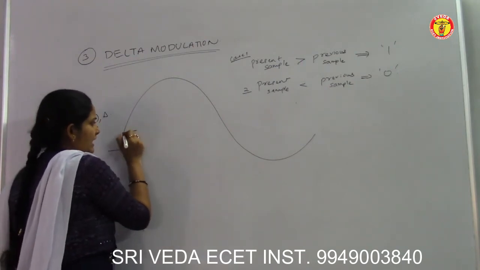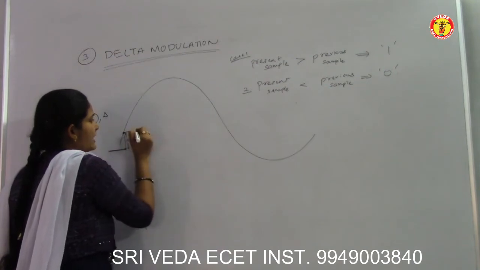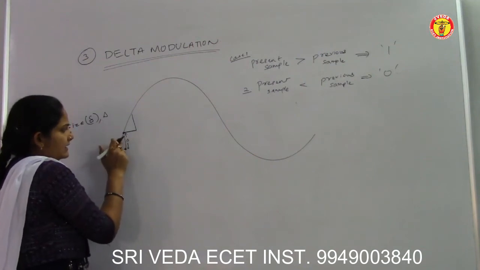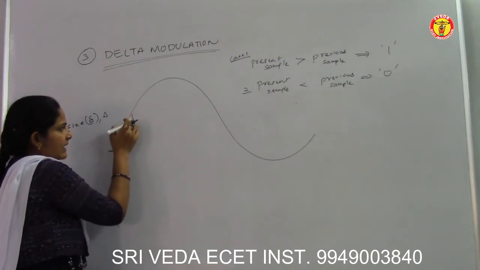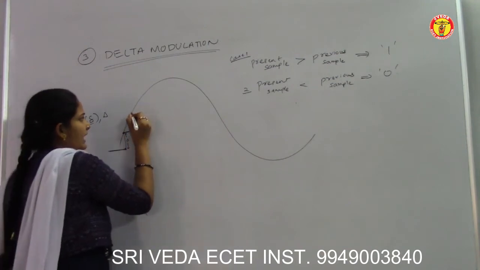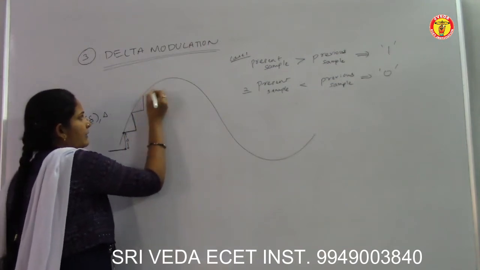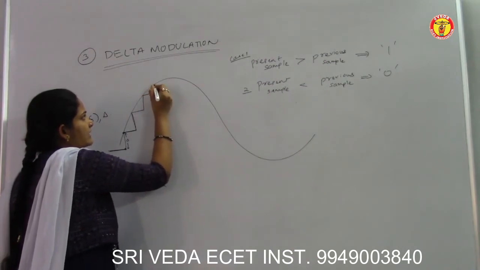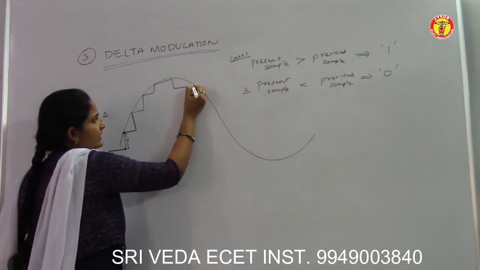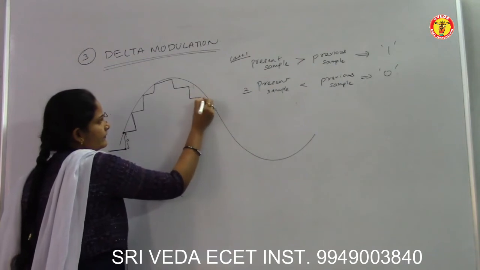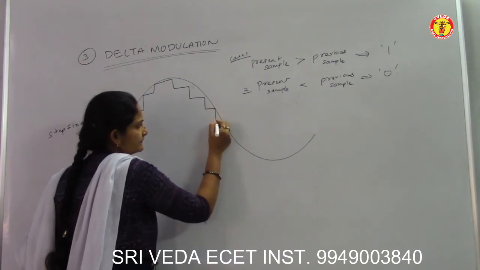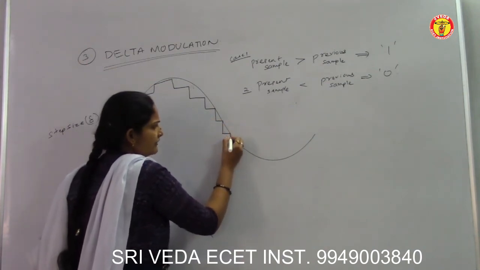Next, levels: this is one level and this is two levels, like that. Assume my amplitude is further increasing, so my step will also increase. Again the amplitude is increasing and again increasing. From here it is reducing, so I will start reducing. Again it is reducing, and it is further reducing.